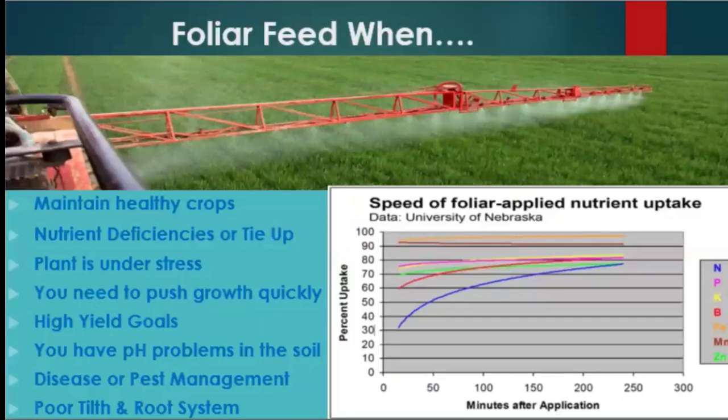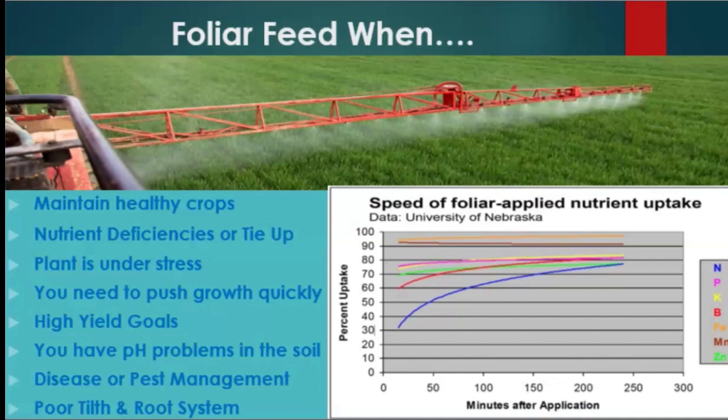Foliar feeding. Well, when do you want to foliar feed? Could be for a variety of reasons. It's not just to fix a problem. Sometimes it's to maintain a healthy crop. You want to maintain your yields, or you might have high yield goals. Also, it's used to address nutrient deficiencies or tie up.